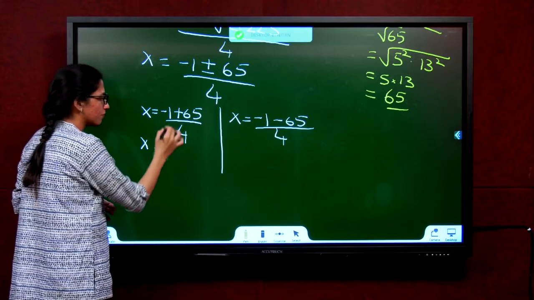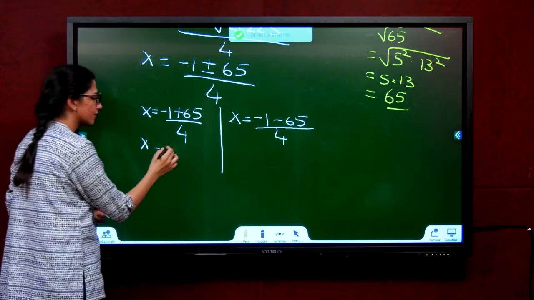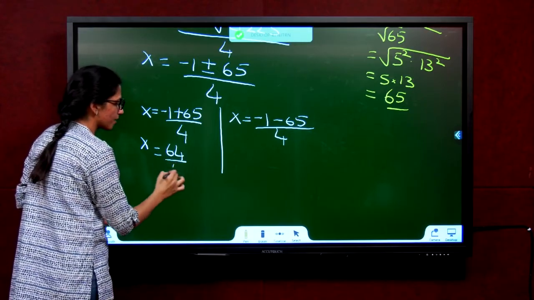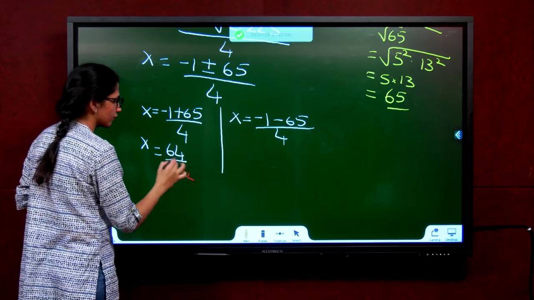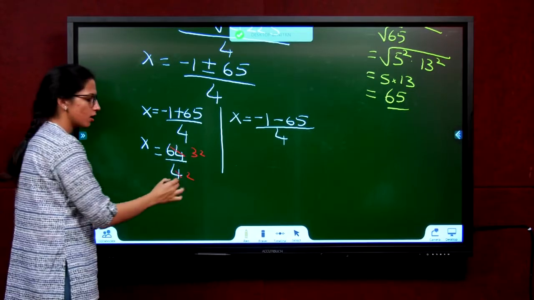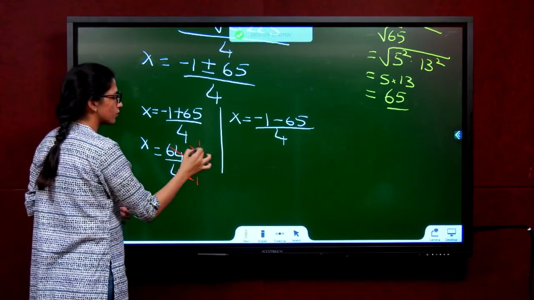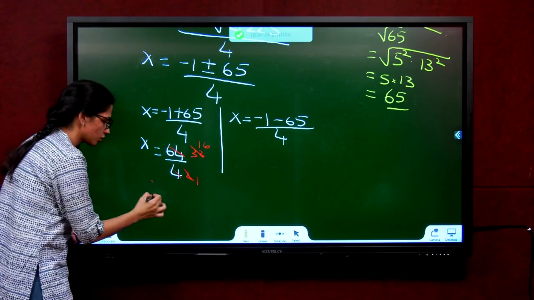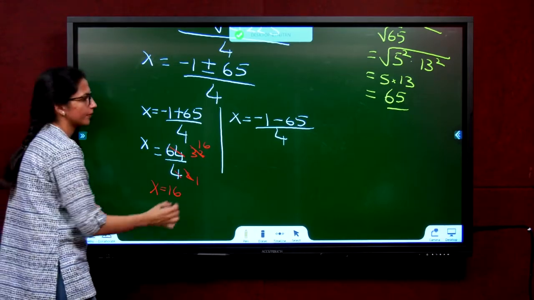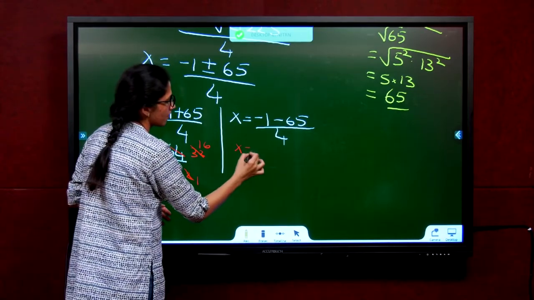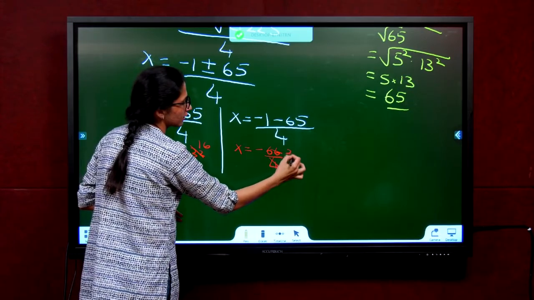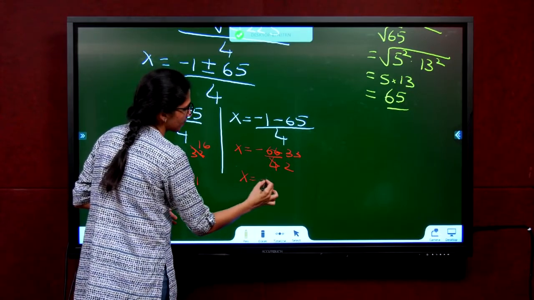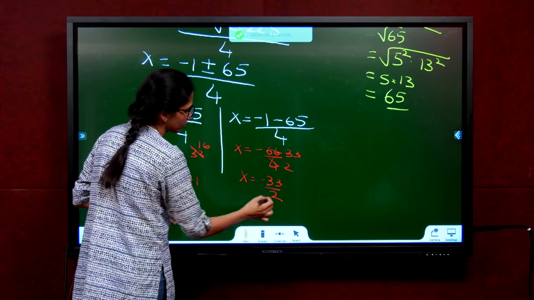X is equal to minus 1 plus 65, 64 by 4. What is that? 2 2s are 4, 2 1s are 2, 2 16s are. So x is 16. Here x is minus 66 by 4, 2 2s are 2, 2 33s are. X is minus 33 by 2.